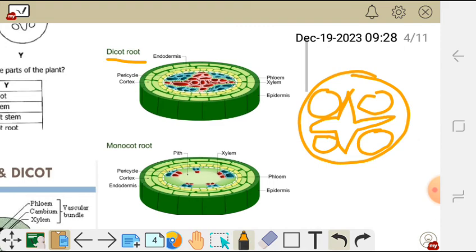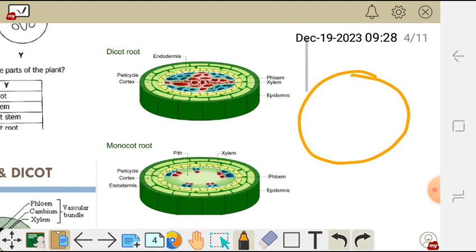Now in a monocot root, we're going to observe these structures here. You are going to have a structure with the xylem and phloem arranged in the same manner.